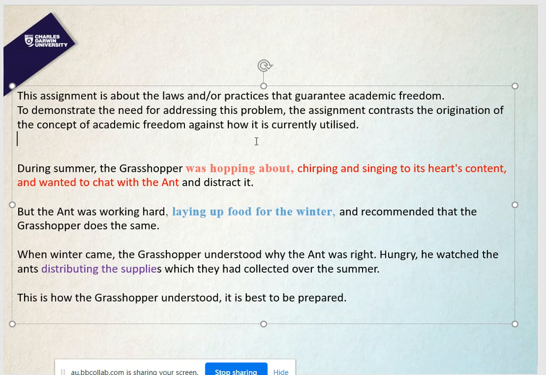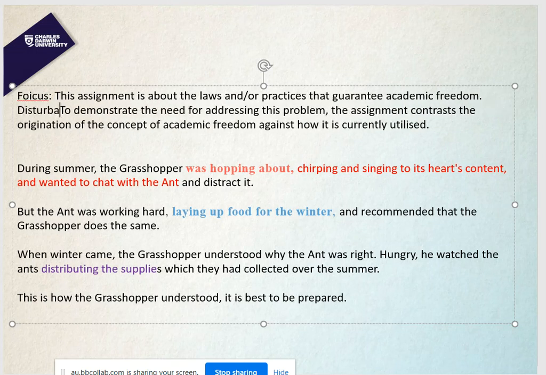All right, so let's have a look. So that was the focus. Now this is the disturbance of the problem. Yep.